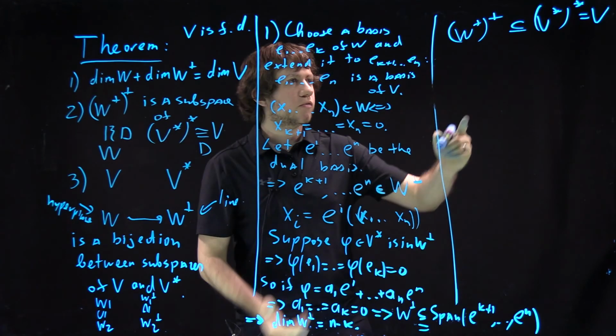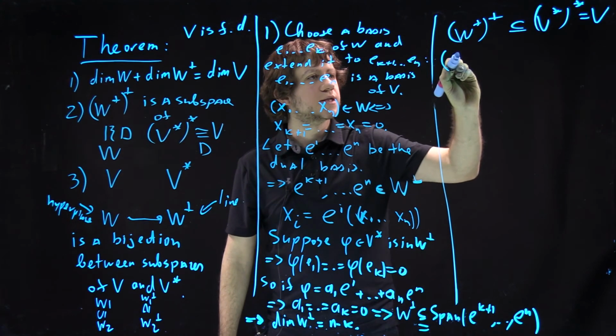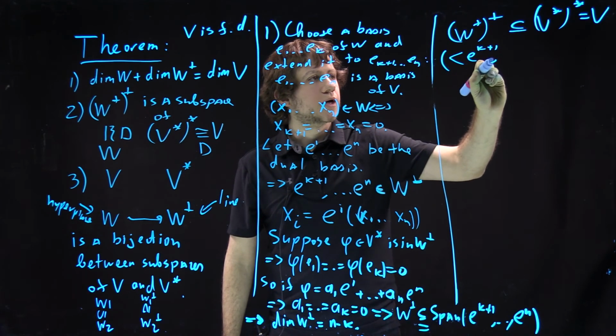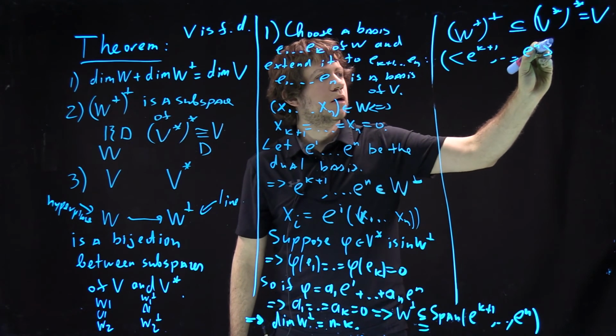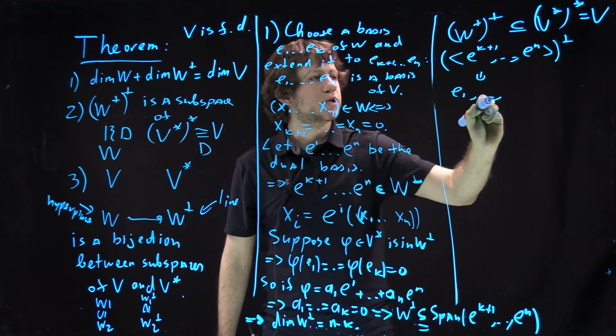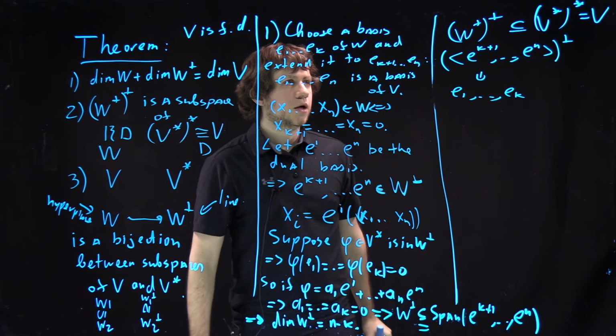So we know already that W_perp is the perp of the span of EK plus 1 and so on up to En, and definitely the vectors E1 and so on up to EK are there.